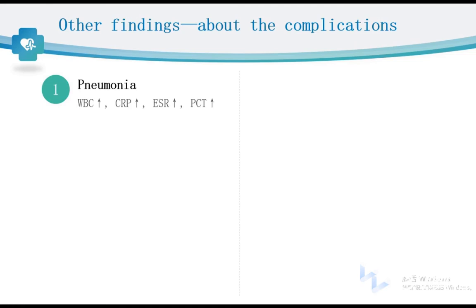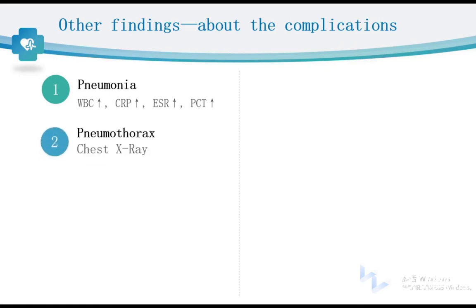For example, if the patient got pneumonia with COPD, we need to do some blood tests for these patients. And in this condition, maybe we can find the increasing of the count of the WBC and increasing of the CRP, ESR, and PCT.